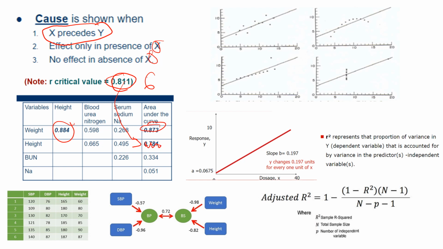Now let's talk about canonical correlation. This is confusing. This is kind of like a MANOVA in the sense that we have multiple independent and dependent variables, except this is sort of like how multiple linear regression relates to ANCOVA.